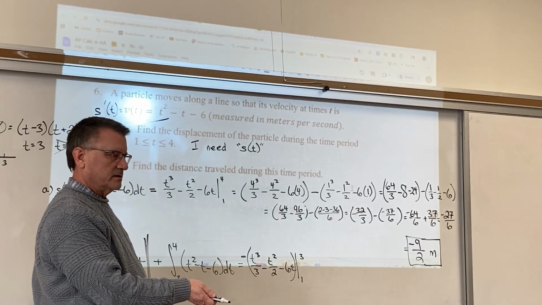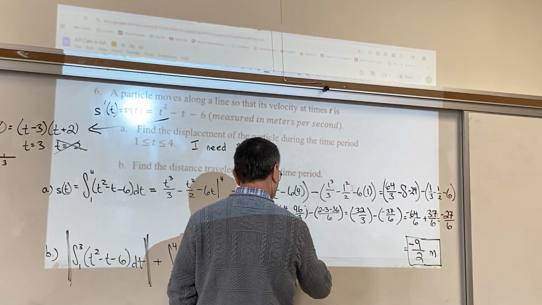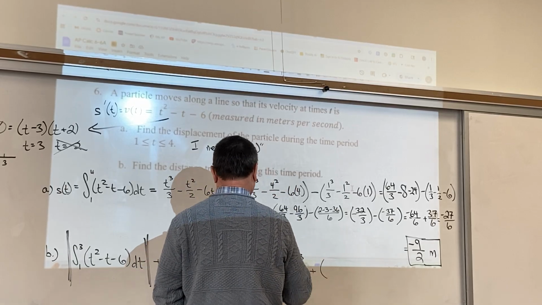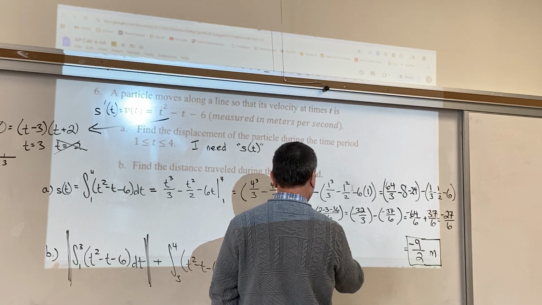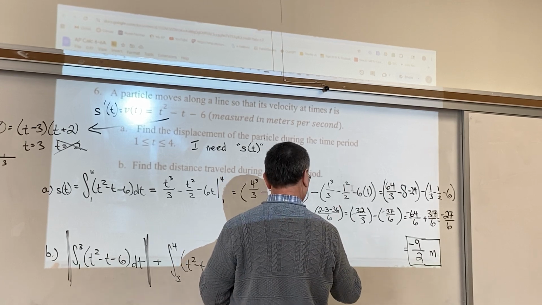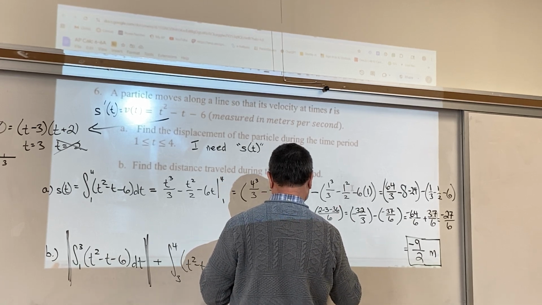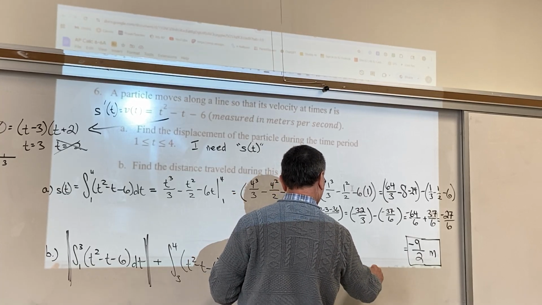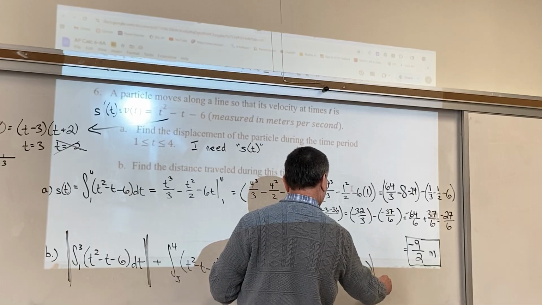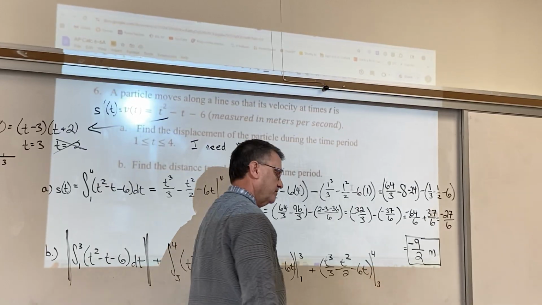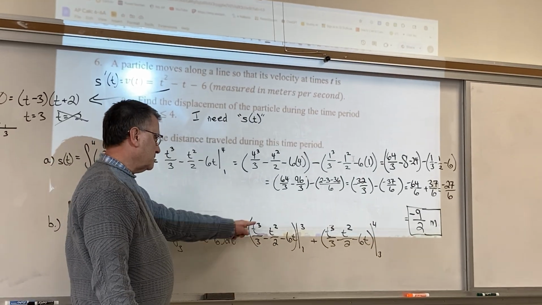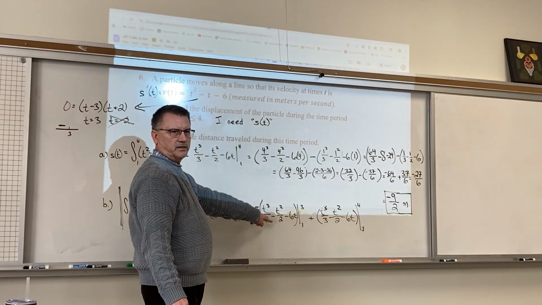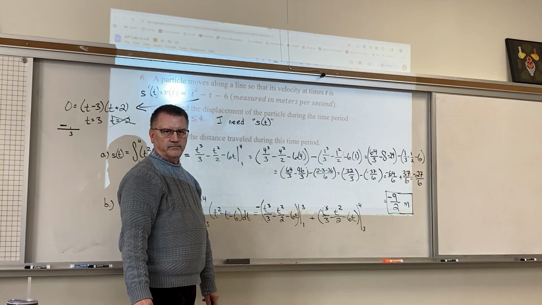And then I'm gonna add to that this same thing: t cubed over 3 minus t squared over 2 minus 6t taken from 3 to 4. So I need this piece plus that piece, and I need to change the sign of this piece. I already know it's gonna be negative, it's gonna become positive.